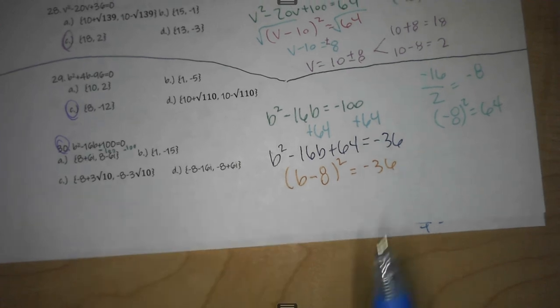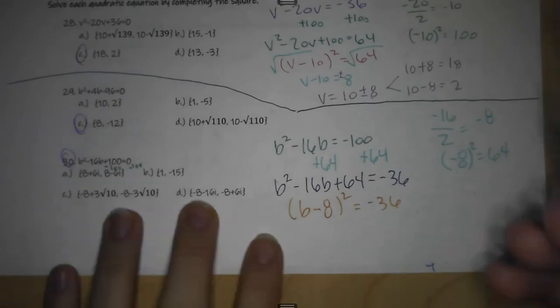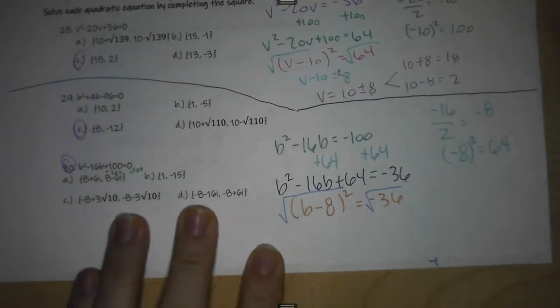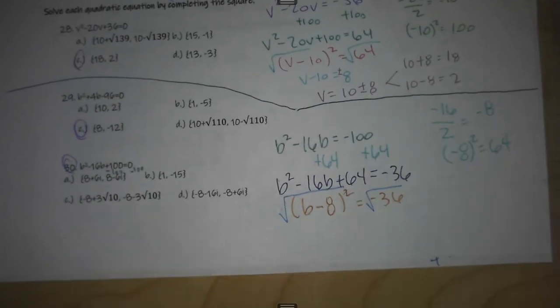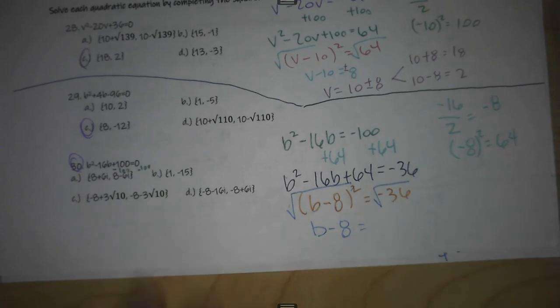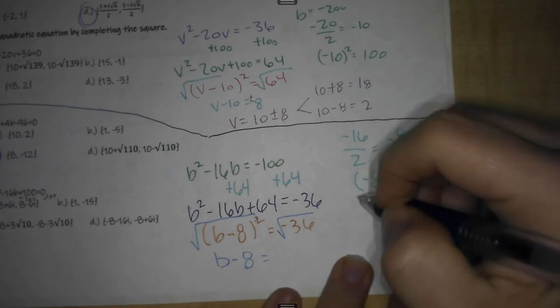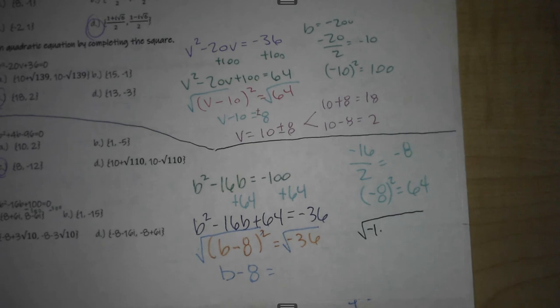Now take the square root of both sides. So I take the square root and square root. When I take the square root, it makes both the square root and the square go away. So I'm just left with b minus 8. What is the square root of negative 36? Let's do that on the side here. Since I got a negative number, it's negative 1.